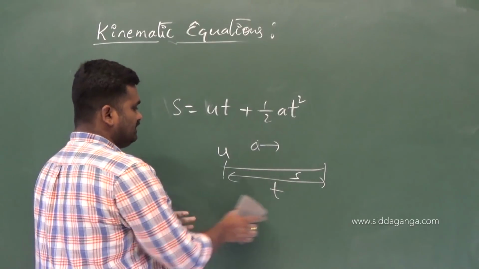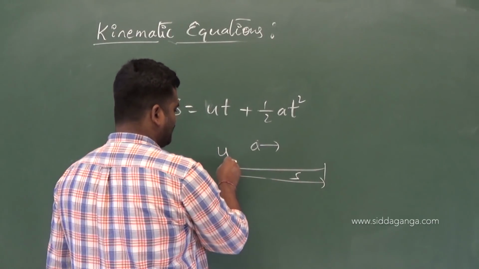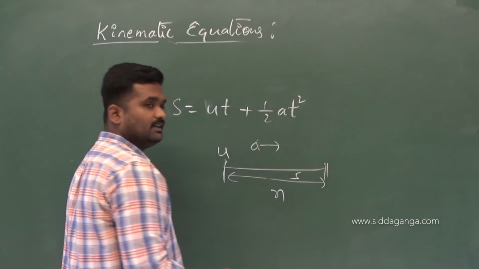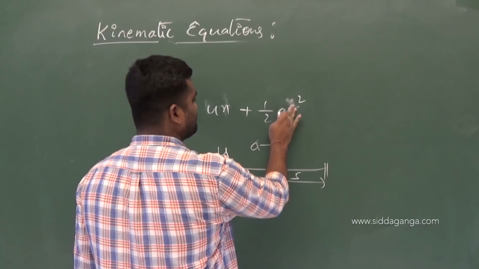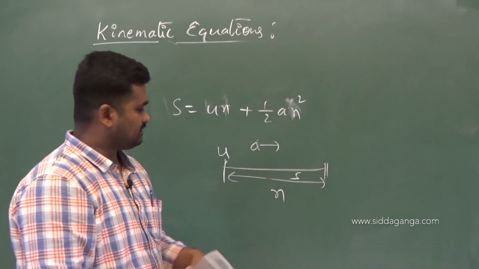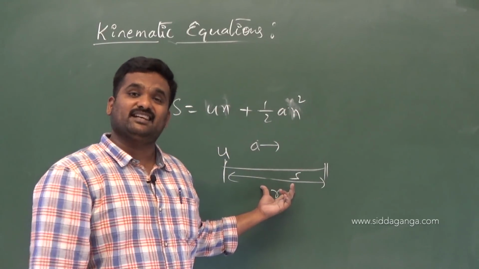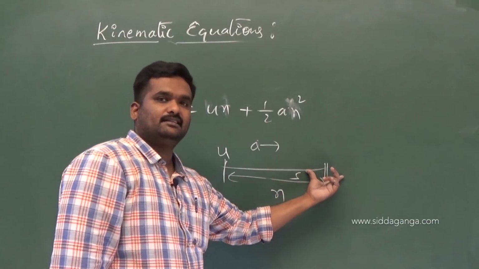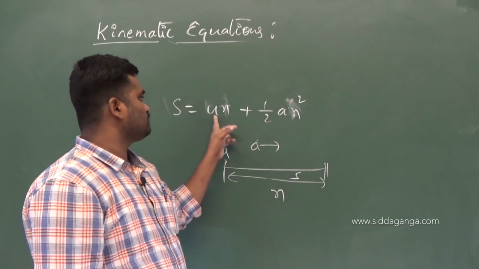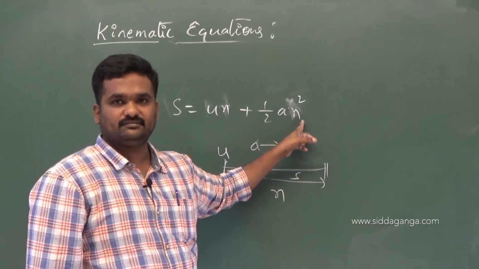If the total time is some n, then that equation will become un plus half a n square, yes or no? This is the distance traveled in n seconds. If I say n is 10 seconds, then in 10 seconds it has traveled s equals u into 10 plus half a into 10 square.